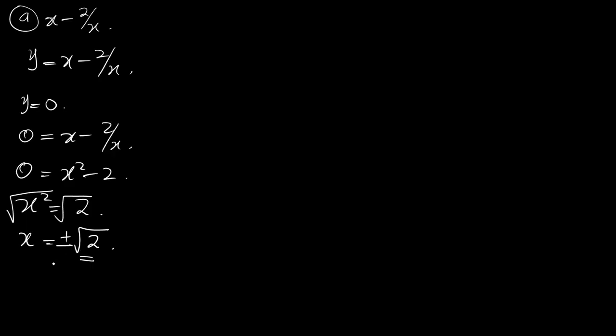Now let's look at another boundary condition, where x is equal to 0. What will y be equal to? If x is equal to the minus part of 0, you have y to be what?